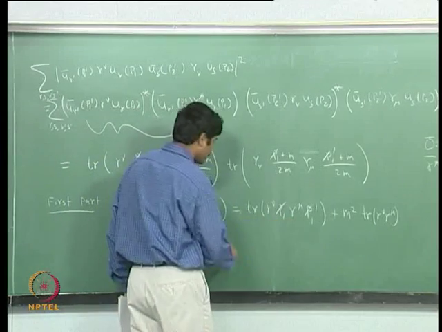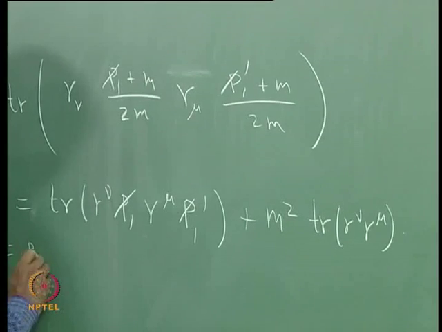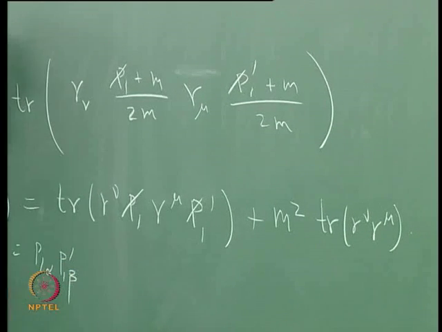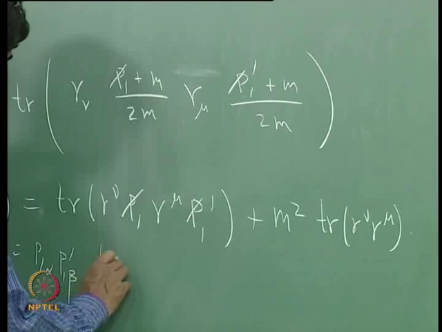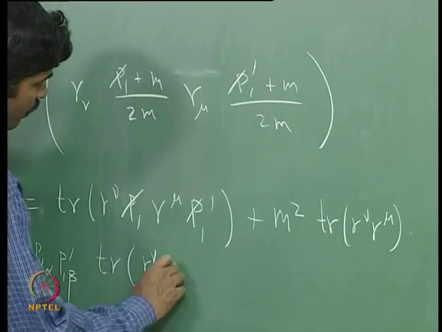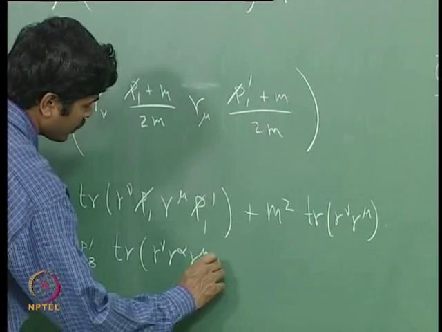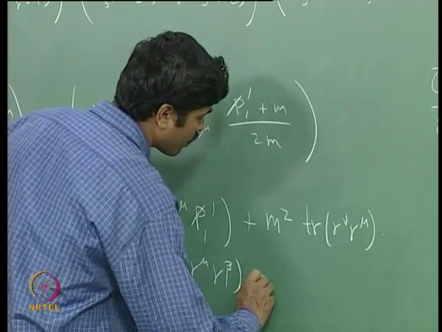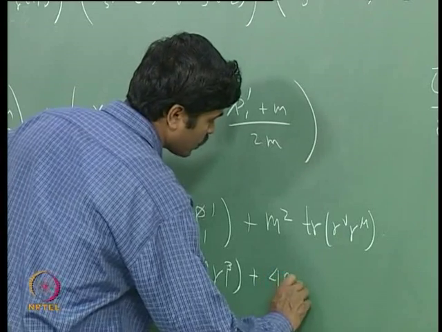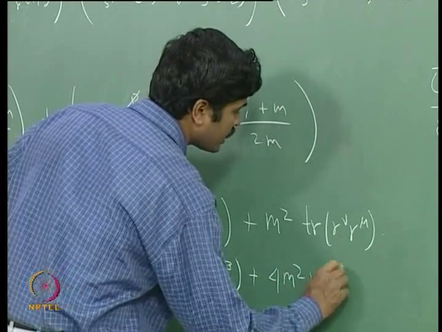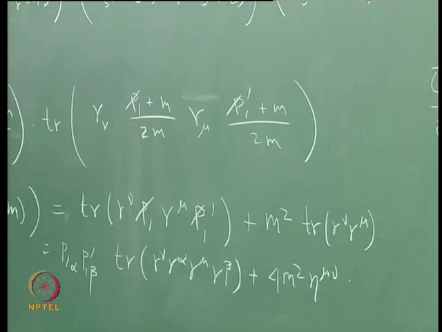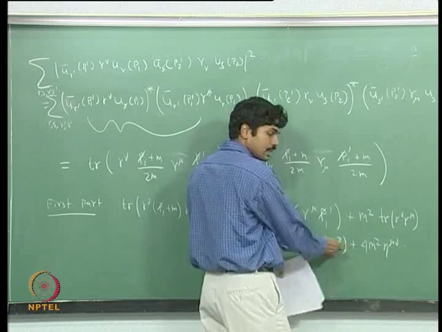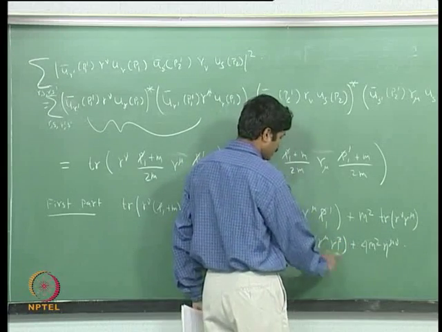This one is simply P1 alpha P1 prime beta times the trace of gamma nu gamma alpha gamma mu gamma beta, and here this is plus 4 m square eta mu nu, because the trace of gamma mu gamma nu is 4 times eta mu nu. Now, we have evaluated this trace in the last lecture.